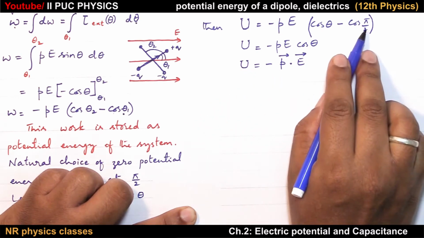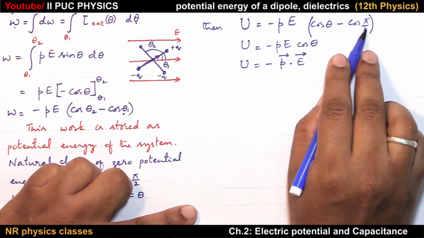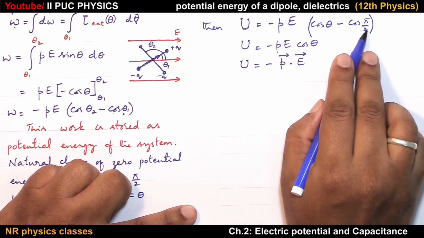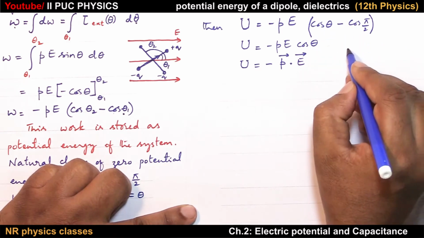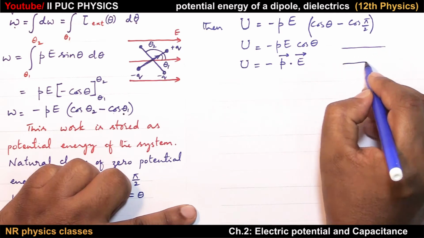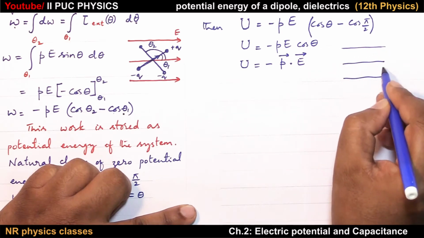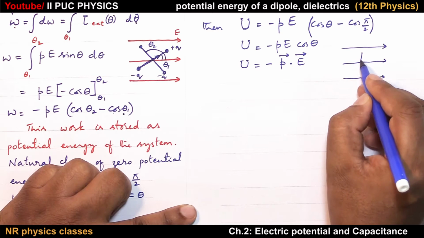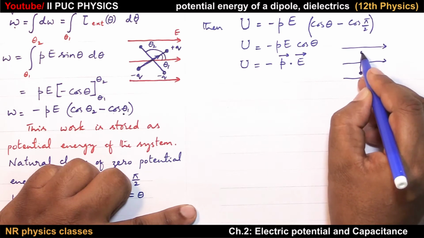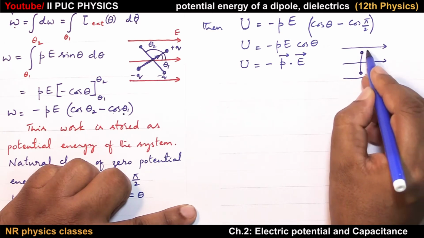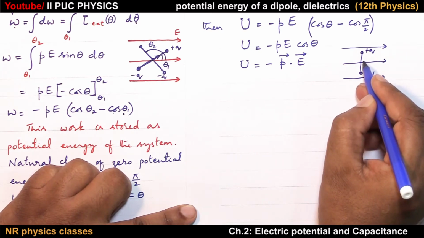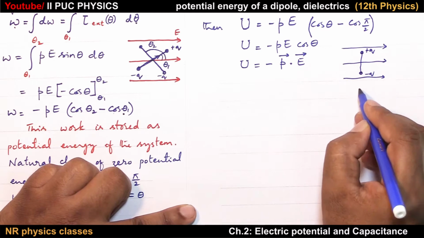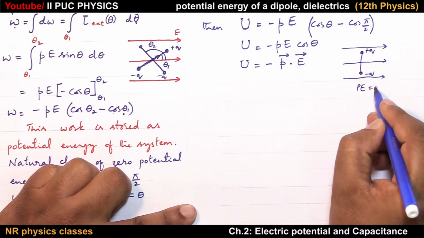And what is the meaning of theta 1 equal to pi by 2, zero potential energy, and theta 2 equal to theta? It means if this is the external electric field, this is the position of the dipole, minus q to plus q. So at this position of the dipole, potential energy is taken as 0.